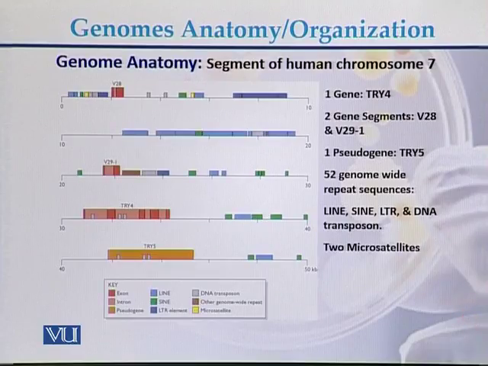In it, we can see a gene, two gene segments, one pseudogene, approximately 52 genome-wide repeats in the form of LINE, SINE, LTR, and DNA transposons, and two microsatellite markers. So this is an example of genome anatomy in eukaryotes.